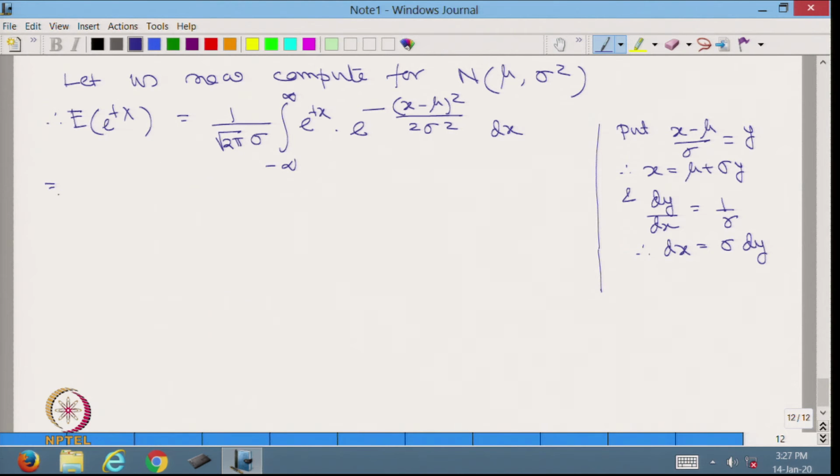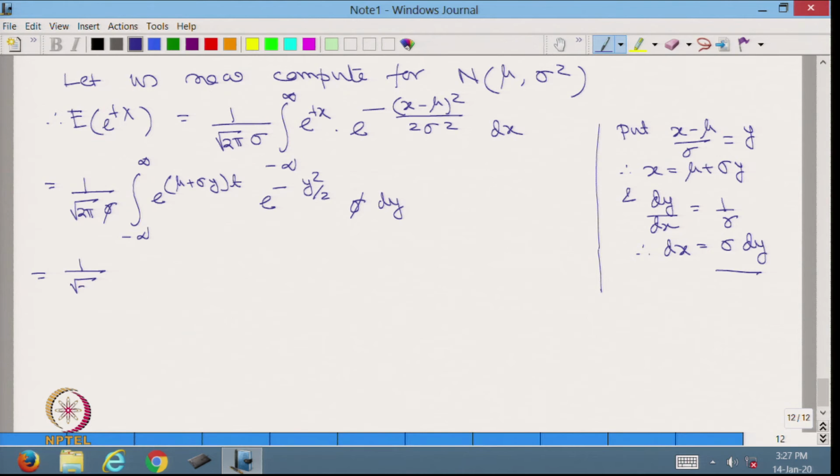So, when we put those values, we get 1 over root 2 pi sigma, integral from minus infinity to infinity of e to the power (mu plus sigma y) multiplied by t, e to the power minus y square by 2, into sigma dy. So, this sigma cancels with this.